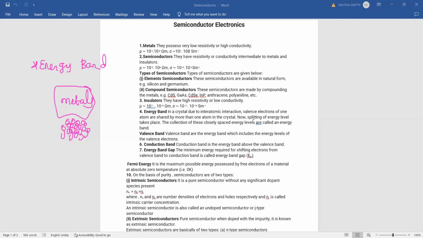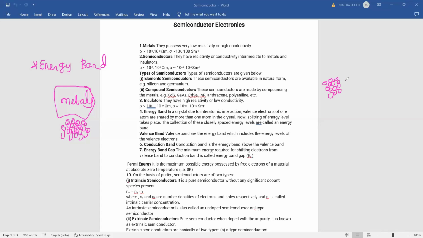Now splitting up of the energy levels takes place, and the collection of these closely spaced energy levels is called an energy band. So the energy band is the group of energy levels in the metals. Here the interatomic forces will be there between the atoms.